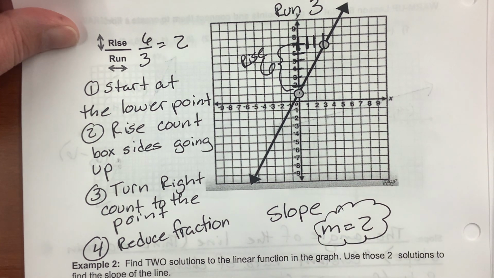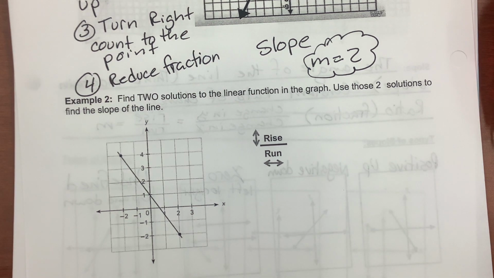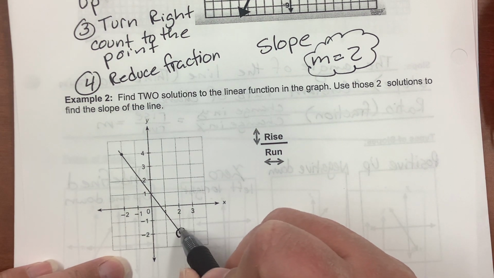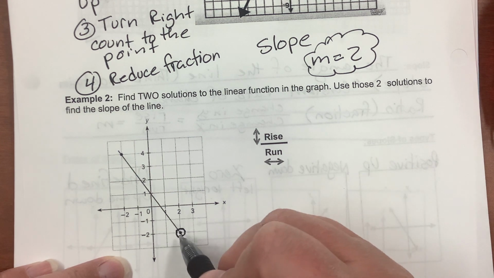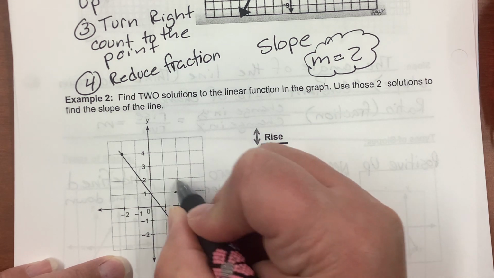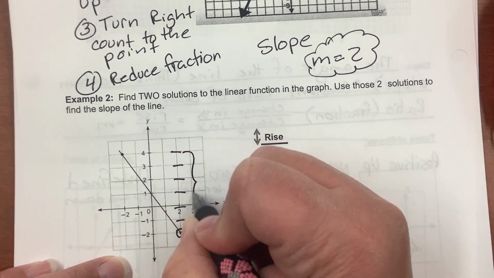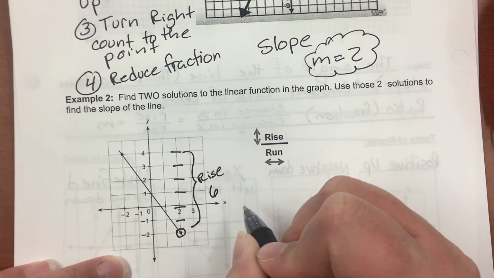And a little puffy cloud of happiness. All right, down here, there's a lot of points. I'm going to count this point as my lower point, and I'm going to count up 1, 2, 3, 4, 5, 6. So my rise is 6.